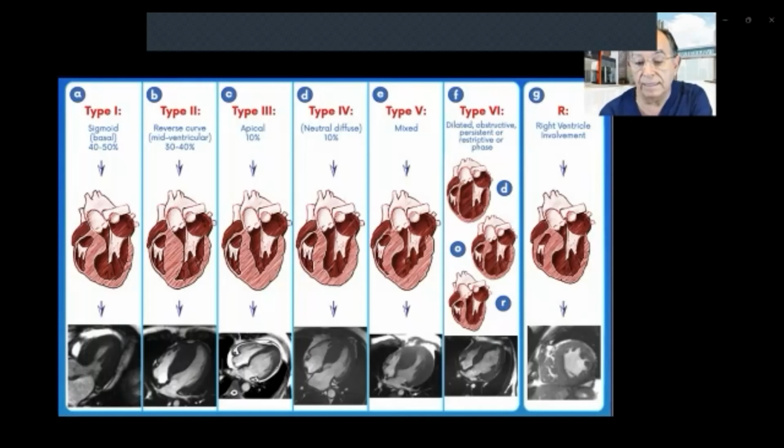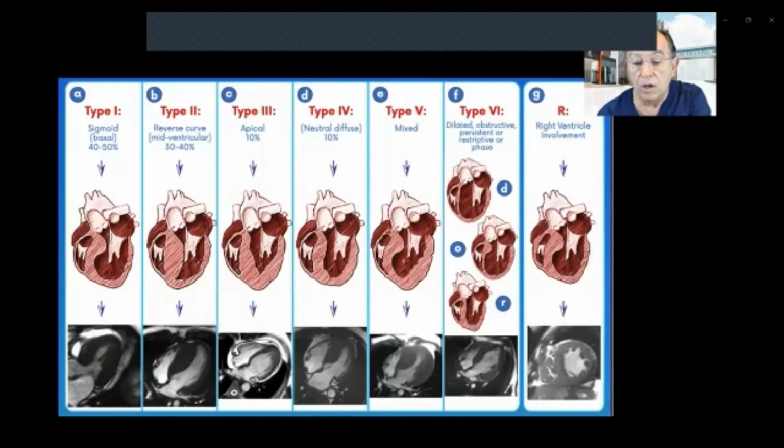And finally, type 6 corresponds to these three different classifications in patients with left ventricular dysfunction, offered by Olivotto. Type 6D corresponds to patients with dilated morphology.